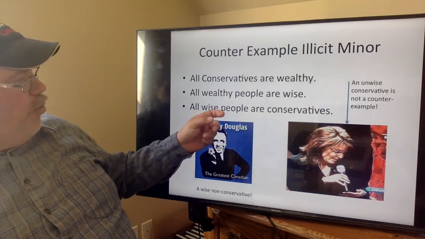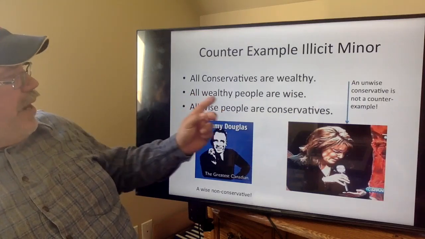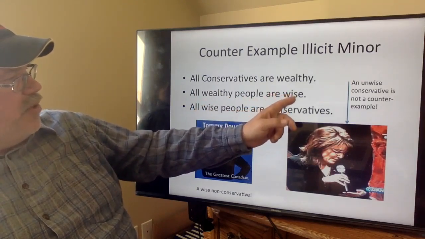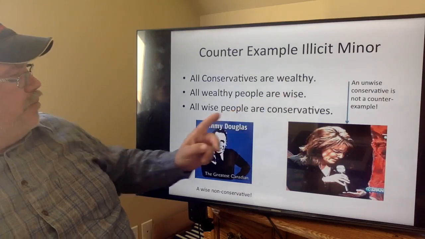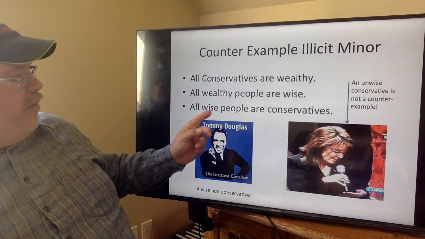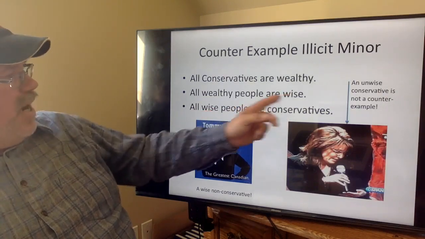So we've got to check the wise. All wise people is distributed here. In the premise, wise is the predicate of an A form statement, so we're only talking about some wise people there, but we're talking about all wise people in the conclusion. So that is an illicit minor.